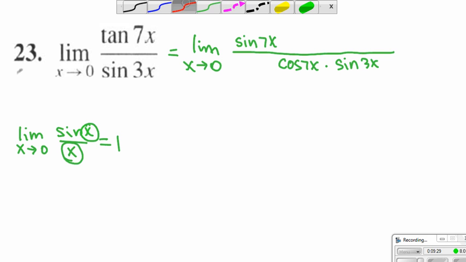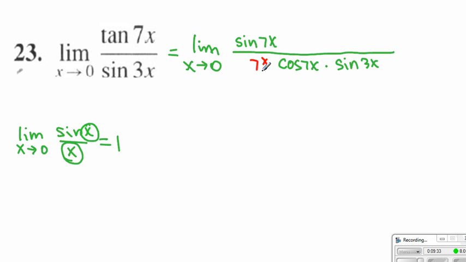So what I'm going to do is make that happen. This will be equal to 7x. If I multiply the denominator by 7x, then I have to multiply the top by 7x. Likewise here, to make this one equal to 1, if I multiply the top by 3x, then I have to multiply the denominator by 3x.